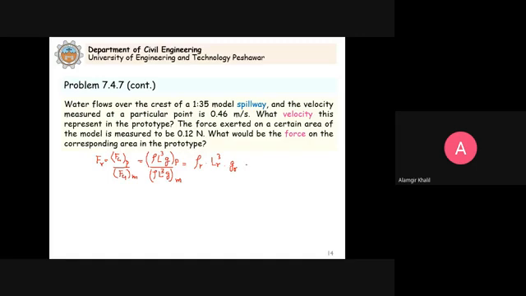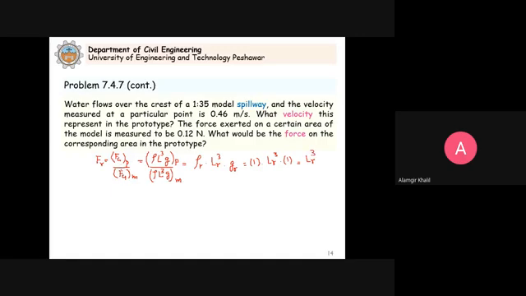Now you see that the fluid is the same, so rho R will be equal to 1. We have LR cube, and acceleration due to gravity is the same, so that will be equal to 1. So what we get, the force scale ratio from here, is LR cube.